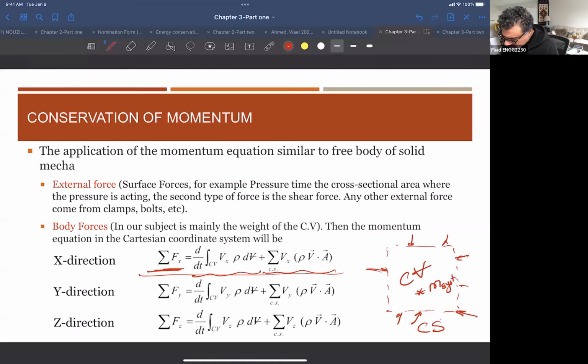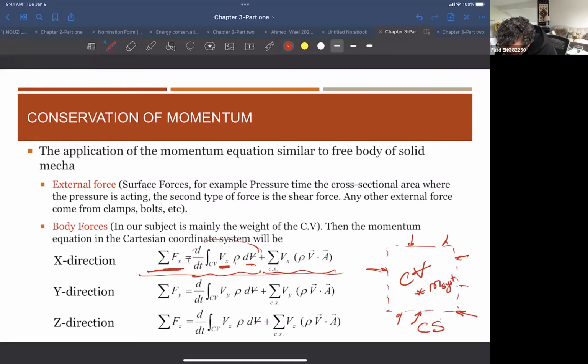The first term is the unsteady term. And if you can see here, this is basically rho, right, and the volume here, the velocity here, and the change of the volume here. So it is basically the change of the mass within the control volume, okay? But now it is multiplied by the velocity.